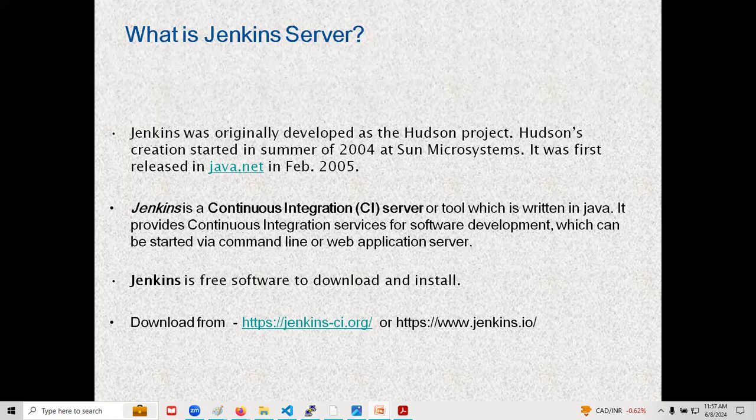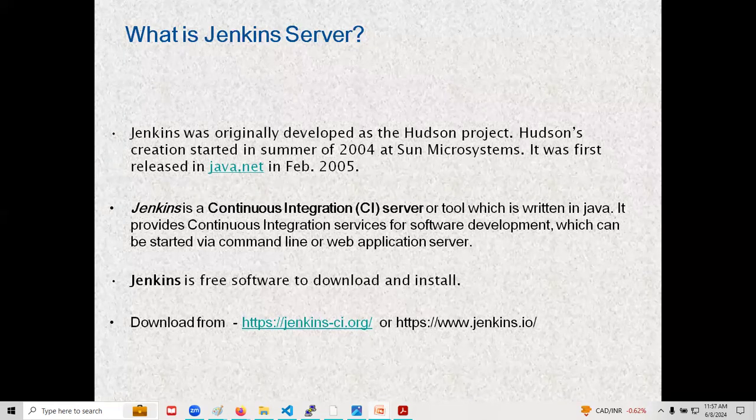So they developed one tool and named it the Hudson server, because they were working on the Hudson project. But later, when Oracle Corporation purchased and took over Sun Microsystems, they renamed the Hudson server as the Jenkins server.